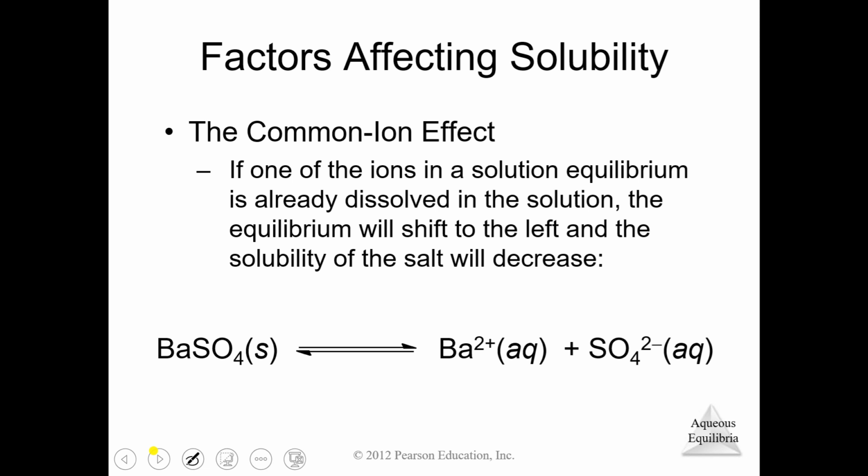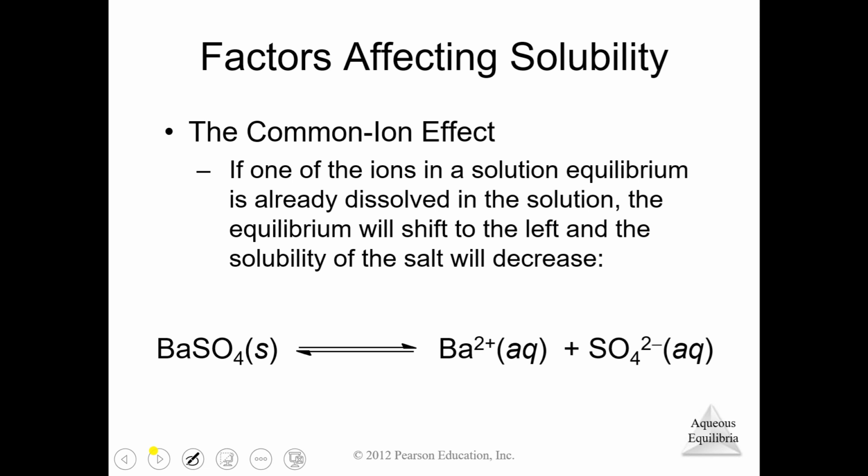So what is going to affect the solubility of these solids? Some solids are very readily soluble in water, such as sodium chloride or sugar, but some are not. They'll only partially ionize, just like we see with weak acids or weak bases. One of the things that can affect them is what's called the common ion effect. You saw about that in the last video lecture I put out.